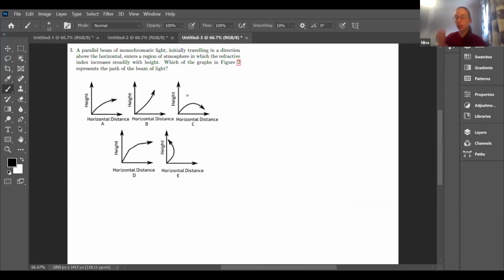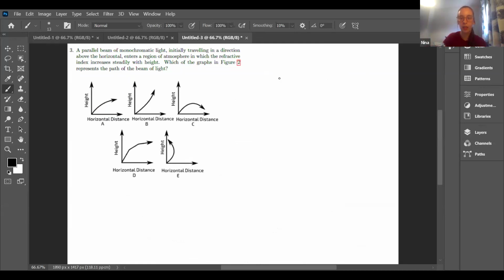And then finally, the third problem we have is a parallel beam of monochromatic light initially traveling in the direction above the horizontal enters a region of the atmosphere in which the refractive index increases steadily with height. Which of the graphs in figure 2 represents the path?